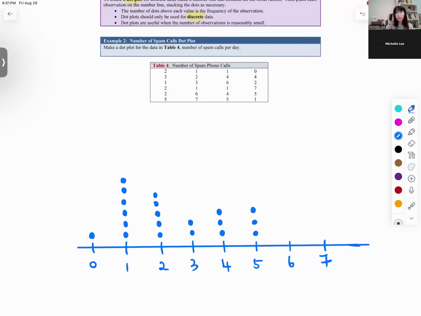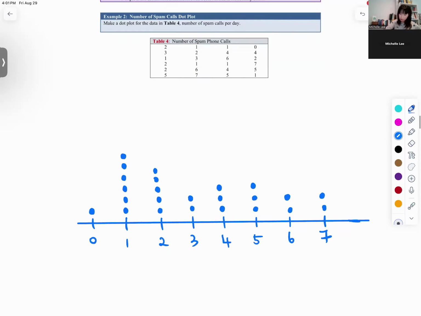How many 6s? 2. How many 7s? 2. Good job. This is how we plot a dot plot. Very good.